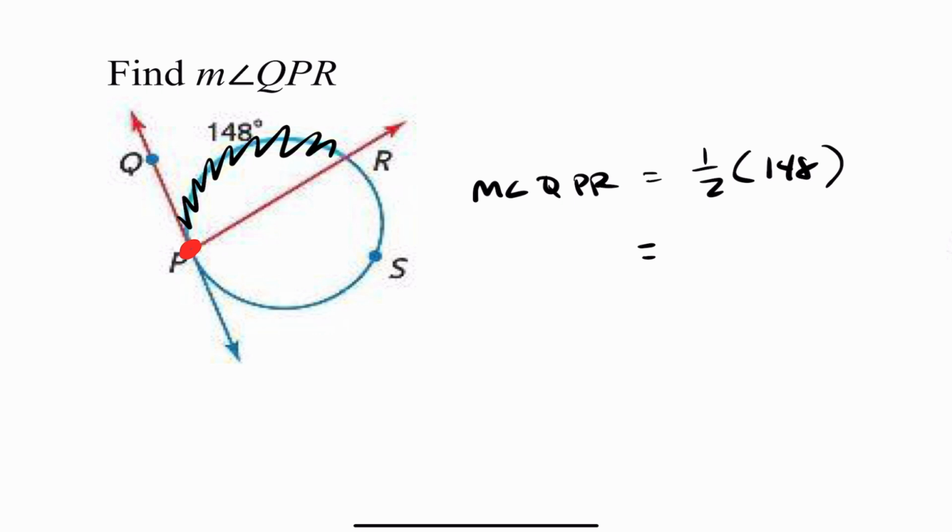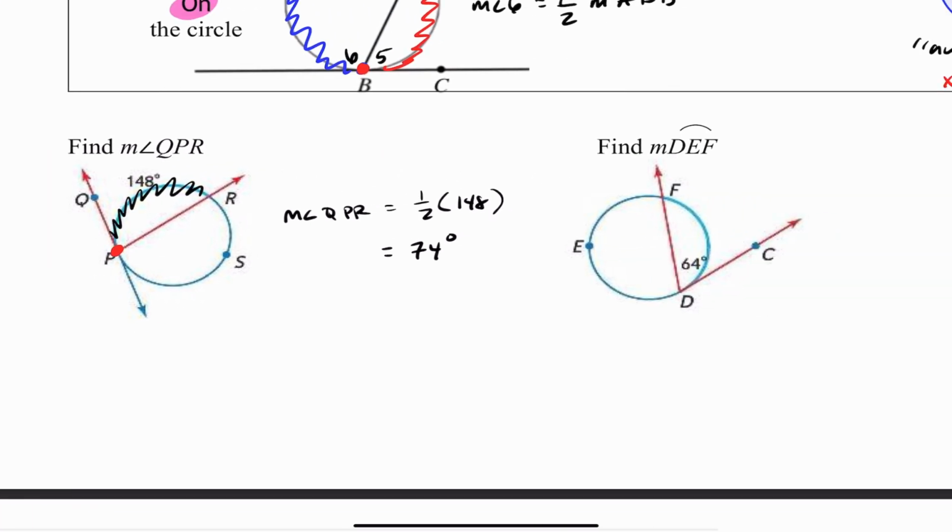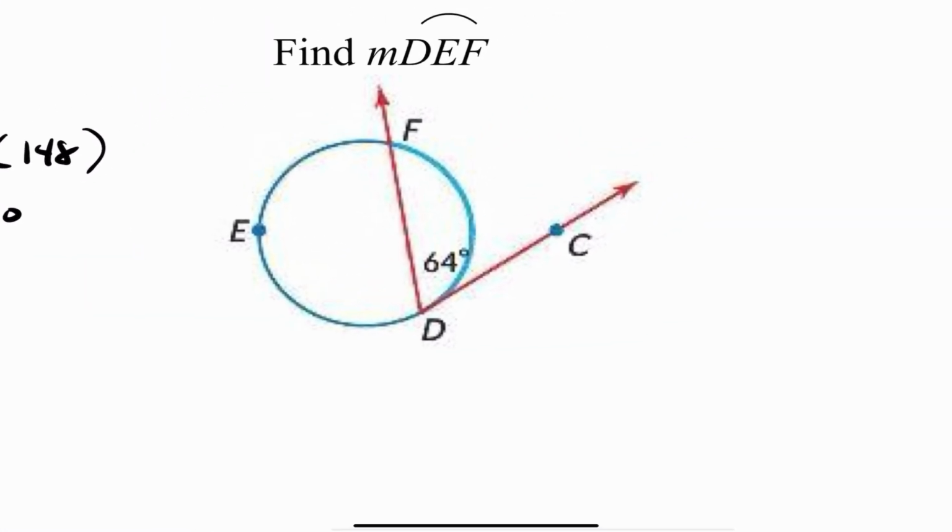So 1/2 of 148 is 74 degrees. Okay. For this example, it says find the major arc DEF, right? But here's the thing with this problem.